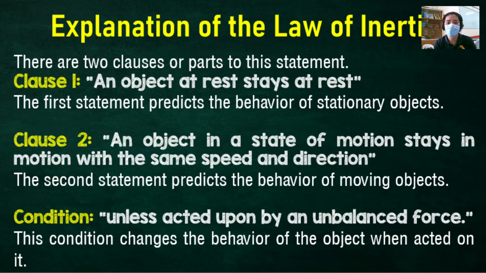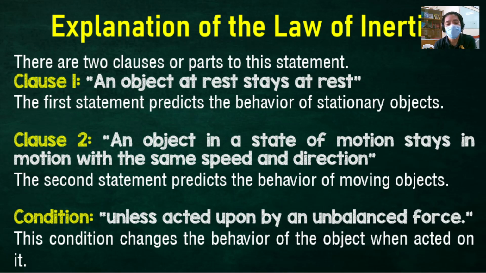This means that the object is just stationary. The object is at rest, it doesn't move, and it is continuously not moving at all. This explains all the objects that are staying in one position or in one location.